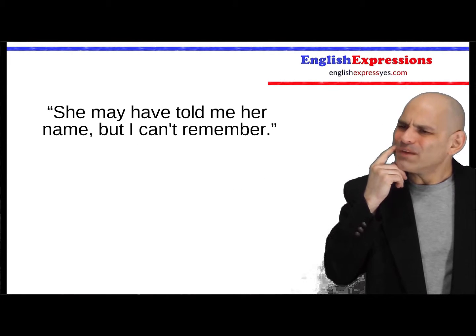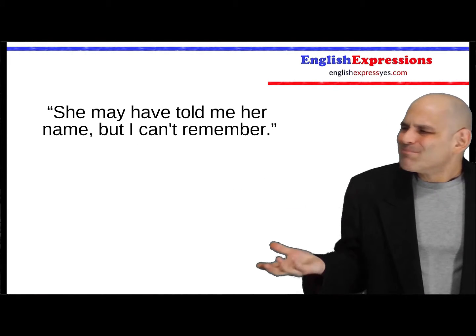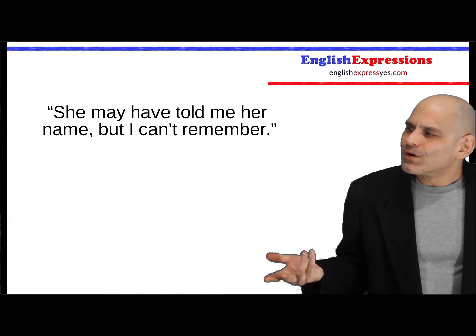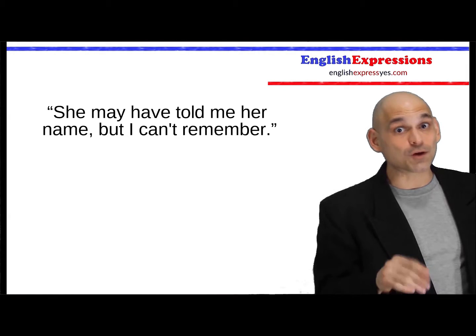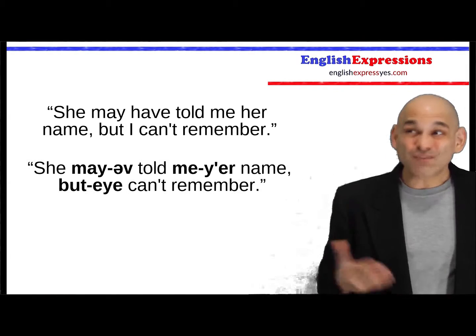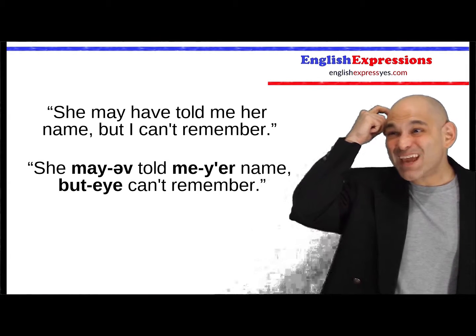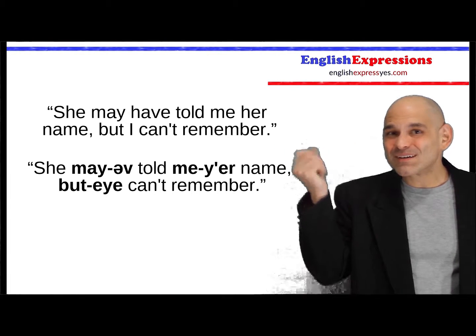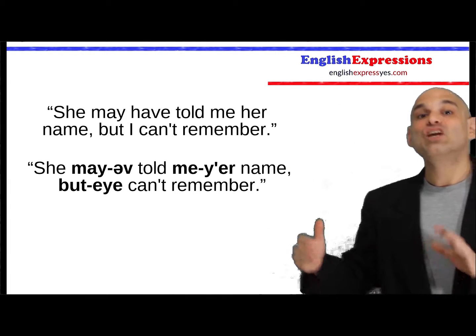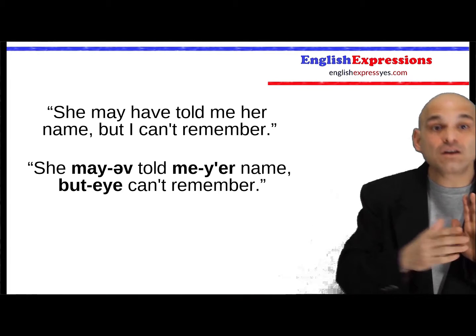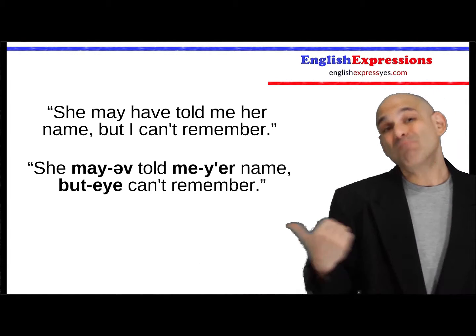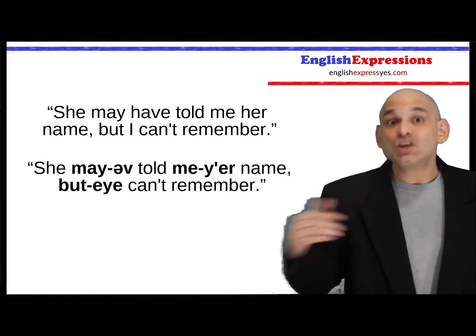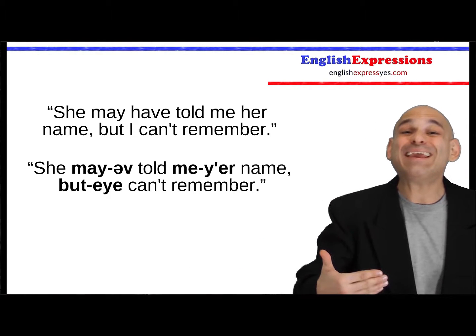She may have told me her name, but I can't remember. Native English speakers don't say that. A native English speaker would say, she may have told me her name, but I can't remember. Okay, so she may have. Now here, told does not start with a vowel, but sometimes we use the V. She may have told me.